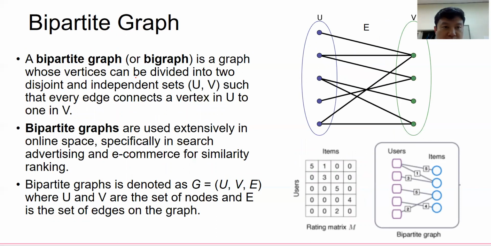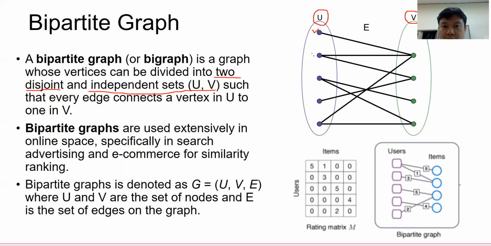The other kind of graph we can learn is the bipartite graph. What is a bipartite graph? It is a graph, or we call it a bigraph, whose vertices can be divided into two disjoint and independent sets, U and V. So we have U, and then we have V, and those two are collections of vertices.